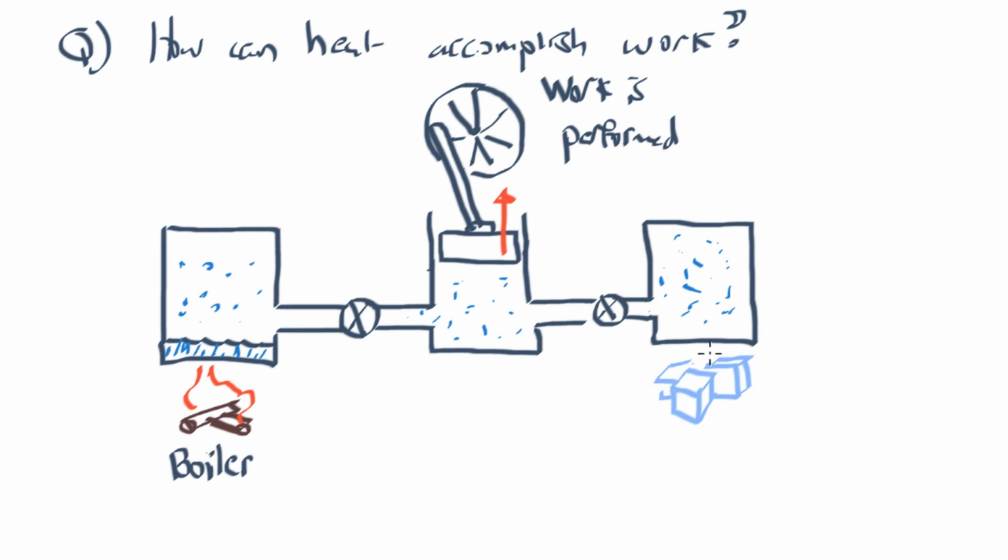And this hot steam, when coming into contact with the cold walls of this chamber, will then condense, forming droplets, which rain down and form water in this chamber. This chamber on the right-hand side we can refer to as the condenser.